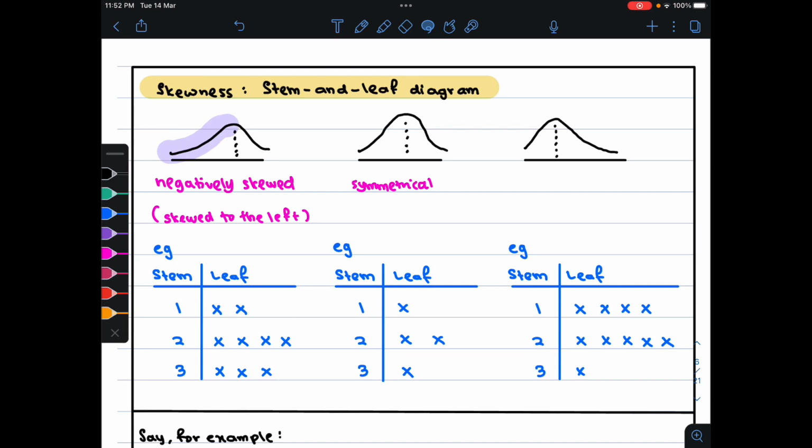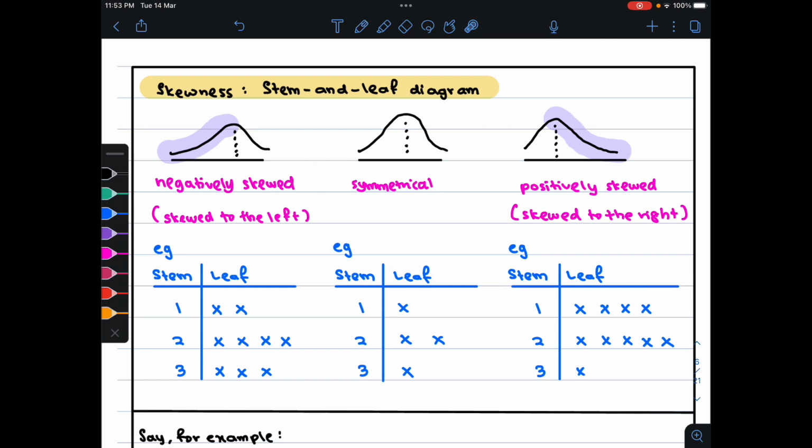Therefore, we can call this symmetrical. And for the last one right here, we can see that since most of the data is on the left side of the distribution, the right tail will be longer compared to the left tail. Therefore, the distribution is said to be positively skewed or skewed to the right.